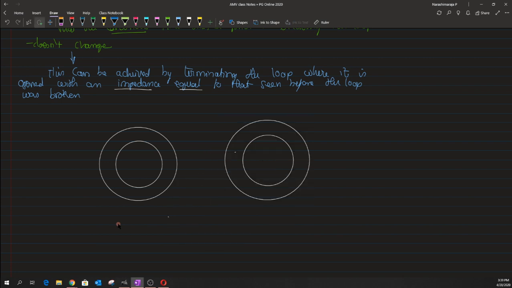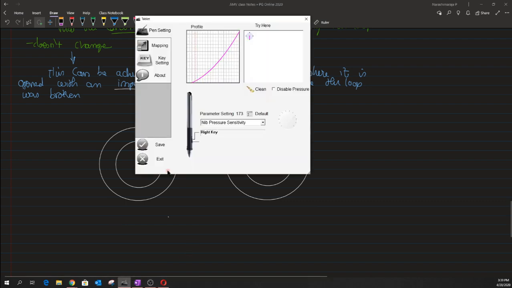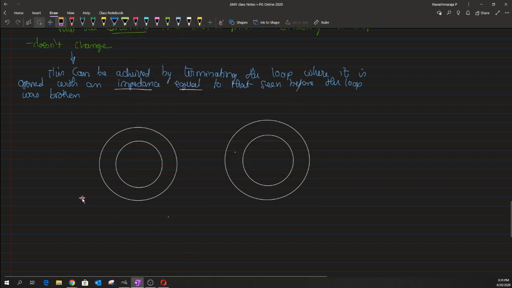So let us consider that whatever the loop that I have drawn with two circles is a kind of voltage feedback loop.